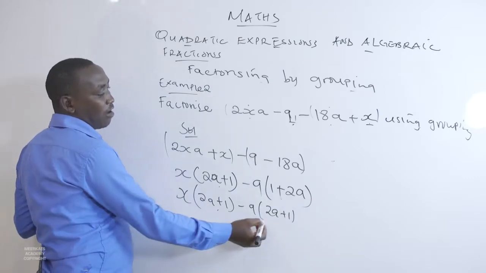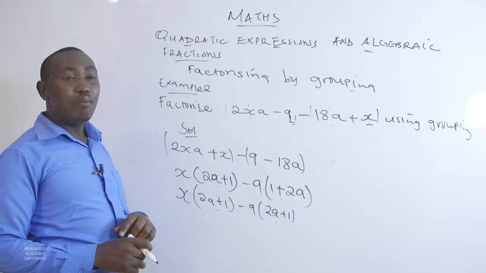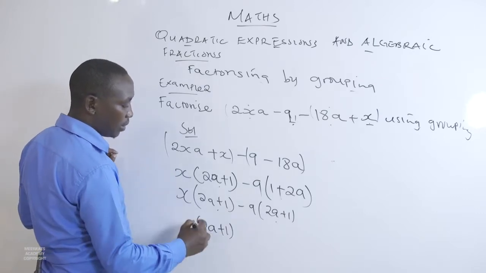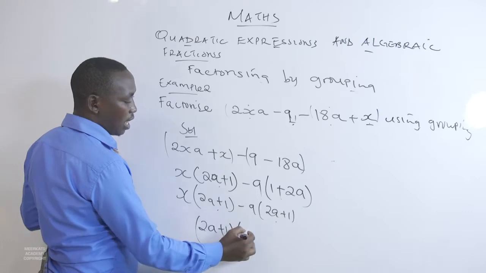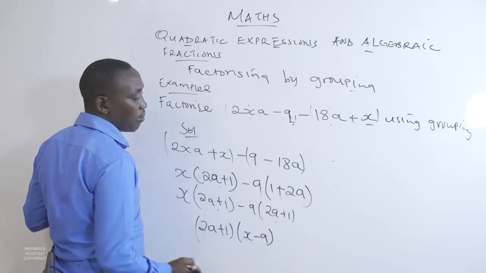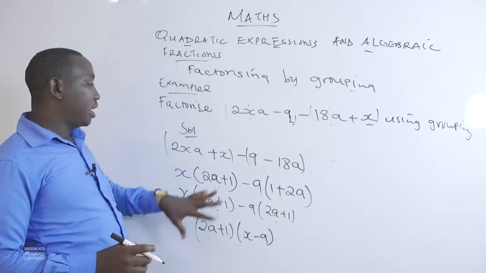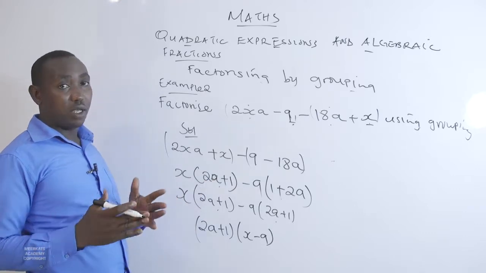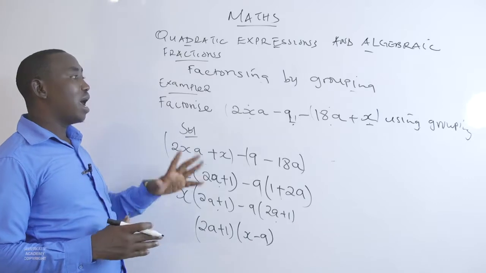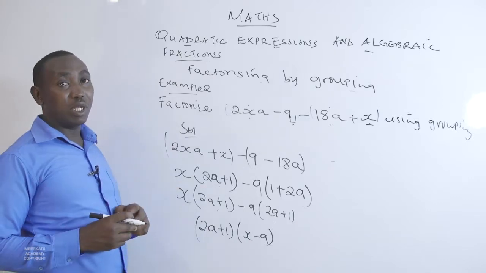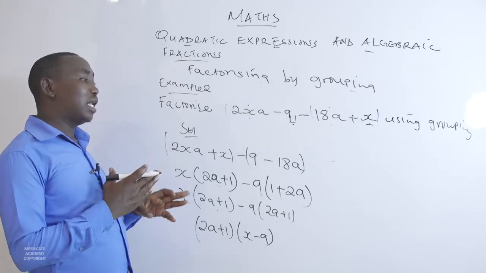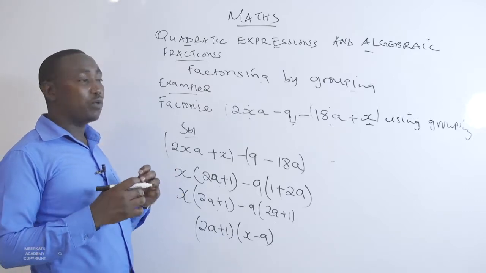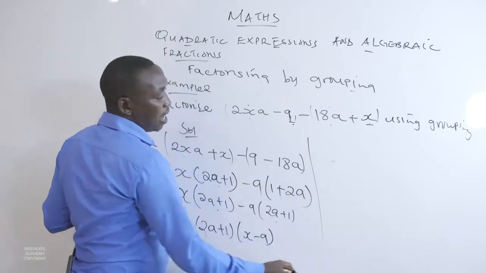So you discover that we have a common binomial factor, which you can now finally take out into x subtract 9. So this case requires us to extensively use the third procedure, and that is doing the rearrangement. Whenever you are doing the rearrangement, you should ensure that you're going to have factors which are common.